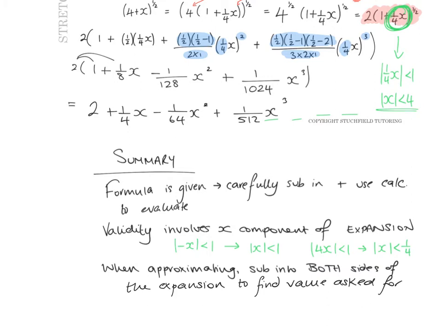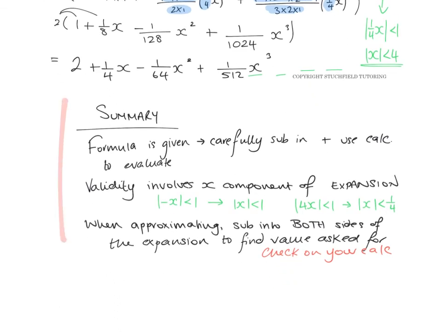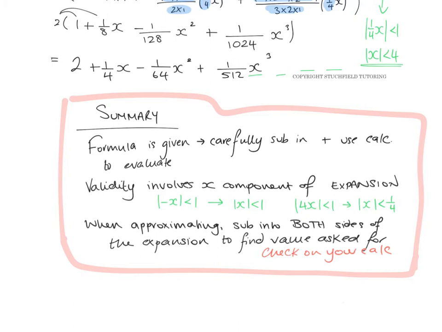And you can always check on your calculator for approximations, which we'll see in the practice questions as well. So that's your box. Write that down, make it clear, put some colour around it, make it obvious so you can come back to it if you need it. And then we're going to move on to the practice.